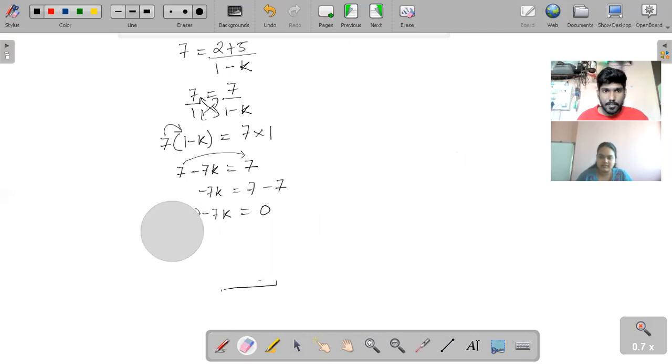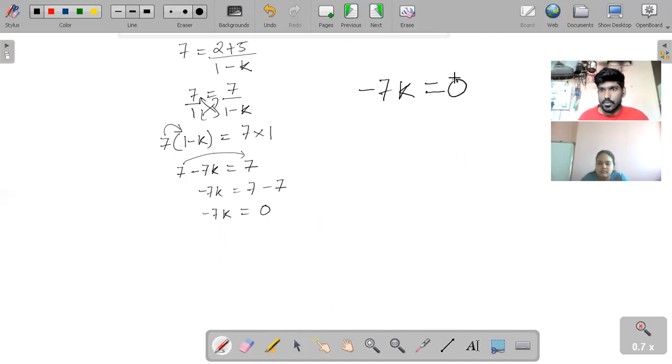Okay, one simple way I'll show you. So we had here minus 7k equal to 0. What we have to find out is the value of only k. To find the value of k, there is this minus 7 here, and I don't want this minus 7 here.